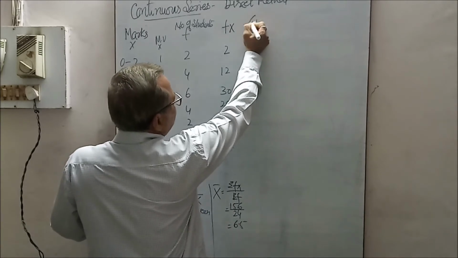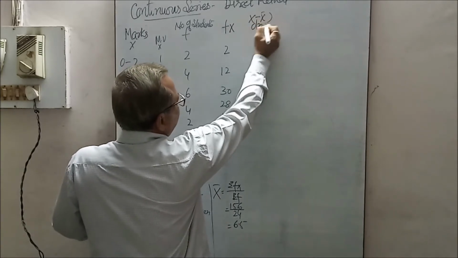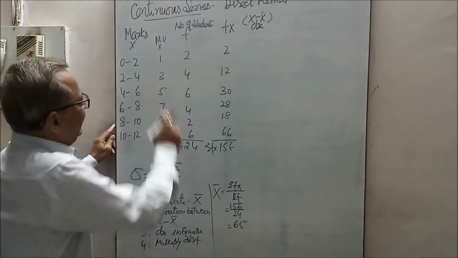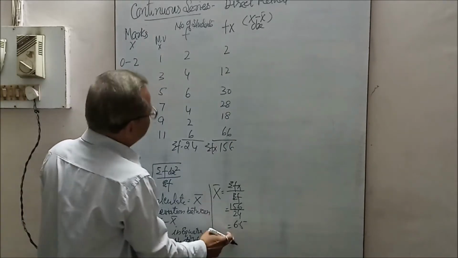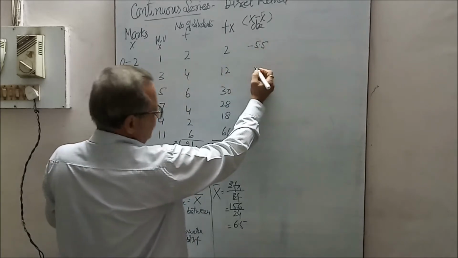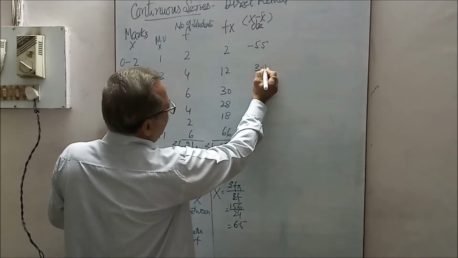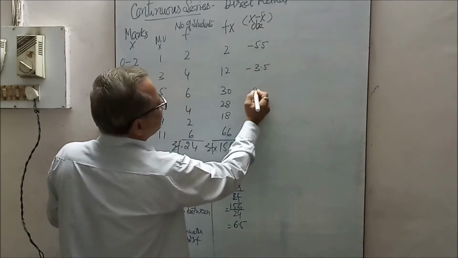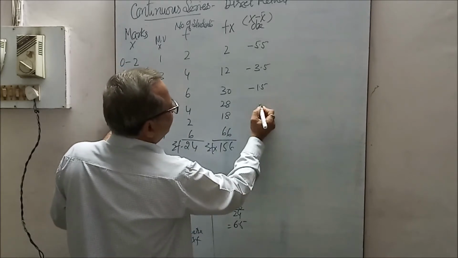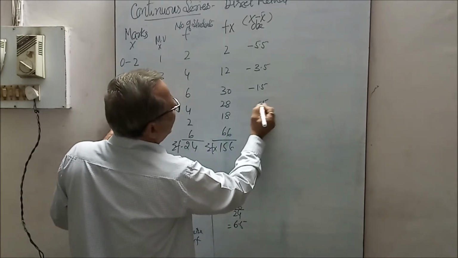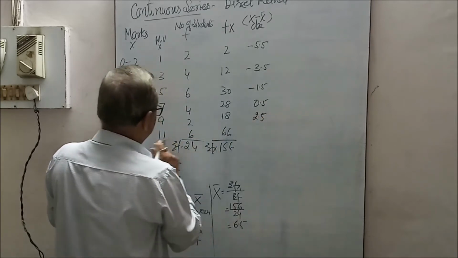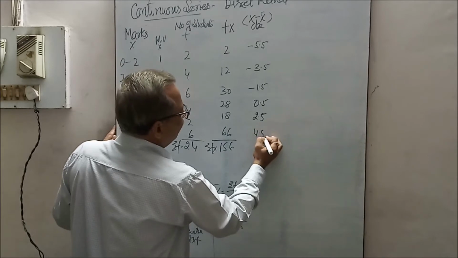Now find the deviation, that is x minus x bar. Mean is calculated now as 6.5. Then x minus x bar is minus 5.5, minus 3.5, minus 1.5, plus 0.5, 2.5, 4.5.